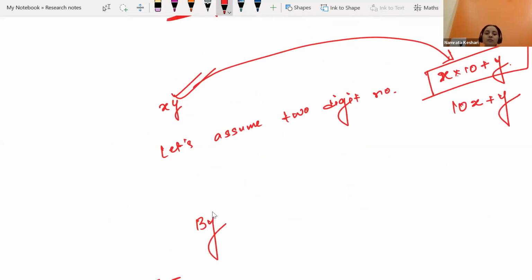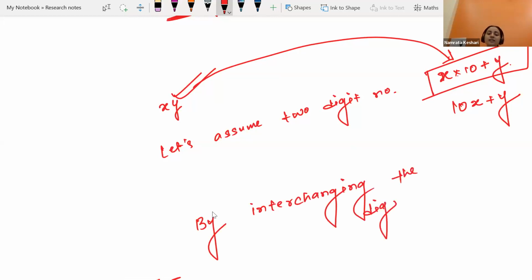Yes or no? Yes, ma'am. By interchanging the digit, because in class 10 again this type of word problem will be there, and I start explaining this concept from the basic, the way I'm explaining you, same way I explain it over there, because the student just don't know how to take 2 digit number, they always take xy.